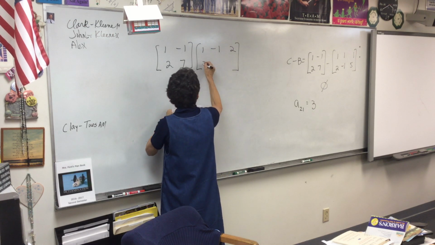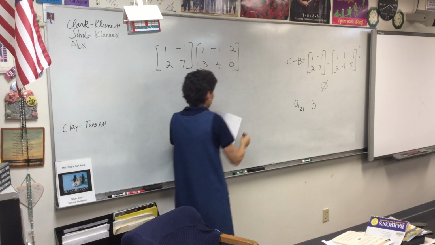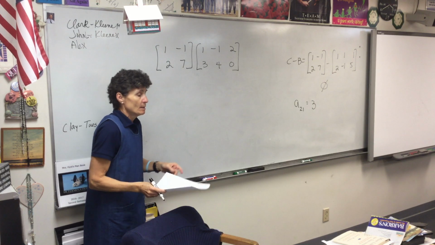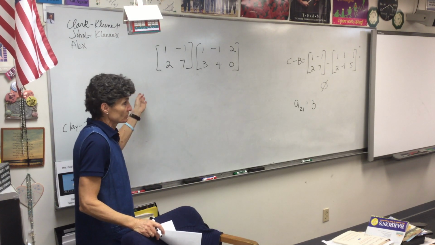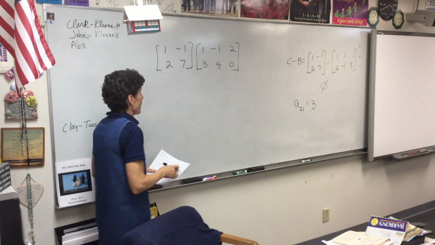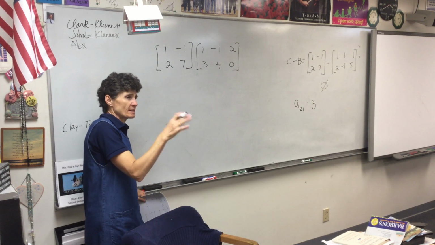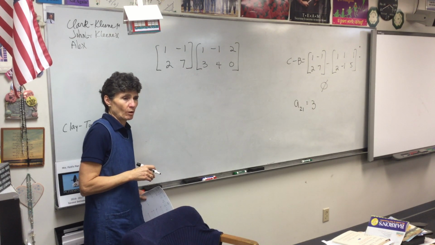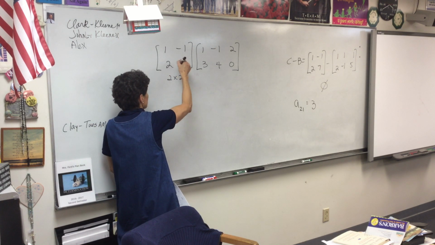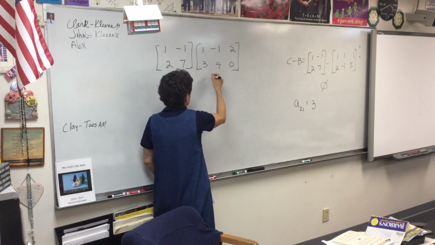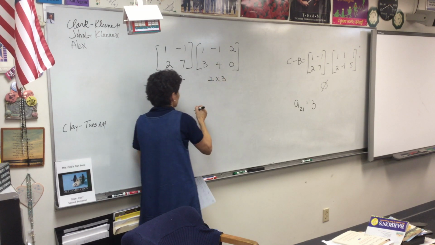Now the first thing we need to do is figure out if that's even possible. Because remember, just like you can't subtract sometimes, you can't multiply sometimes. So how do we check to see if it's possible? This is kind of what some of you were talking about before. So this is a 2 by 2, 2 rows, 2 columns. This is a 2 by 3.